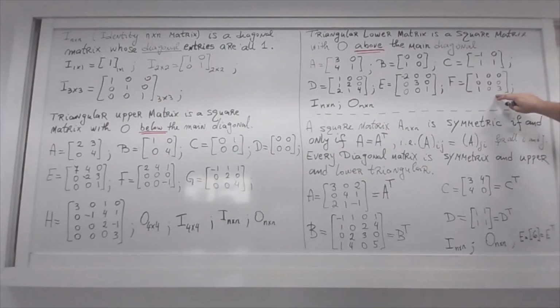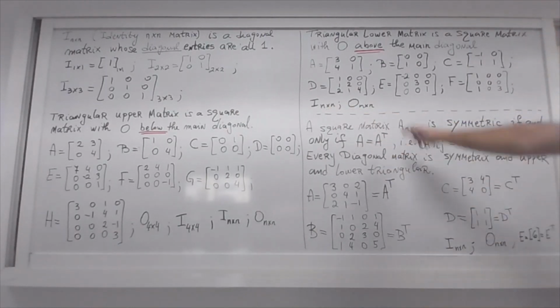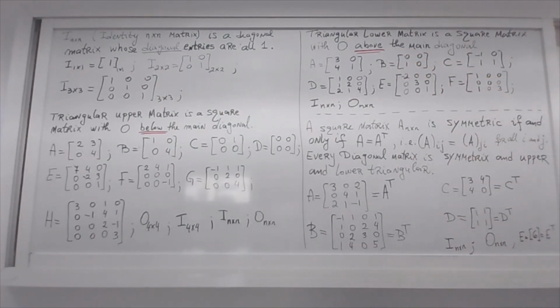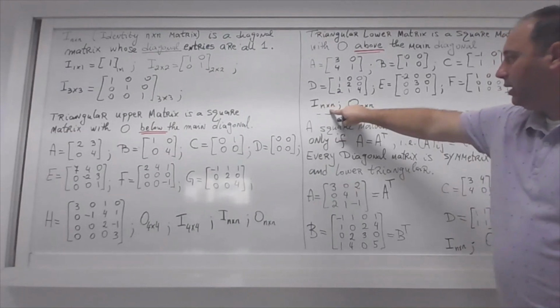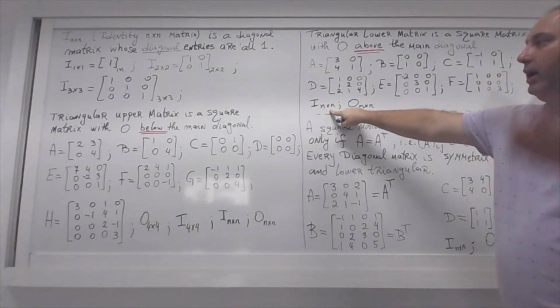Again, here we have zeros above the main diagonal, so this is lower triangular matrix. Similarly, for identity n by n and 0 matrix n by n, they satisfy the definition of lower triangular matrix. So we know that identity n by n is diagonal, it is upper triangular, and it is lower triangular.